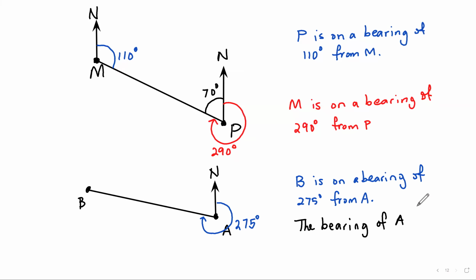The bearing of A from B is not going to be this angle here, because if you're saying from B, the north line has to go at B. The bearing of A from B is the clockwise angle between that north line at B and the line that connects both of them.